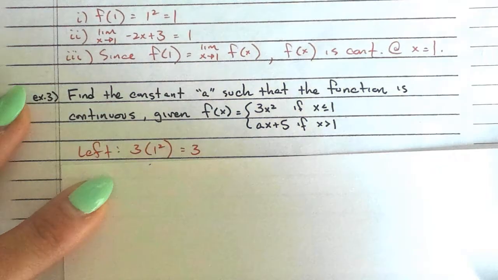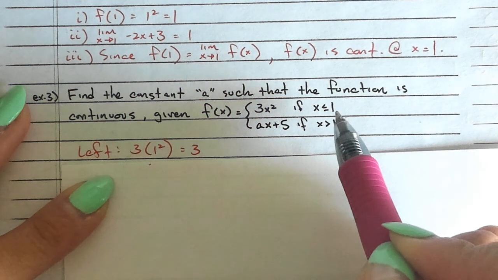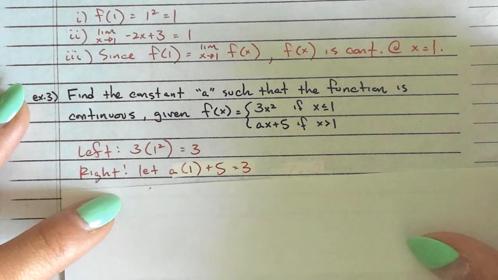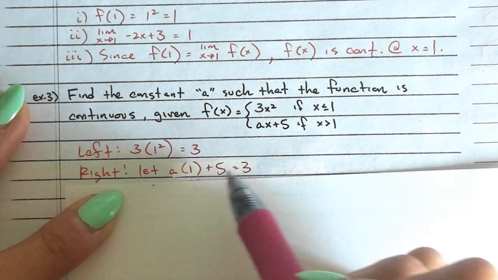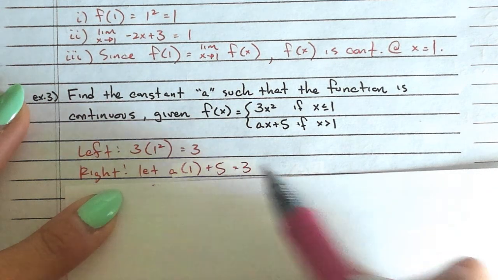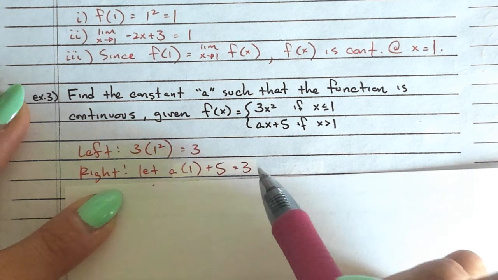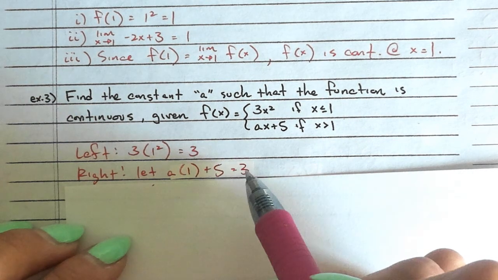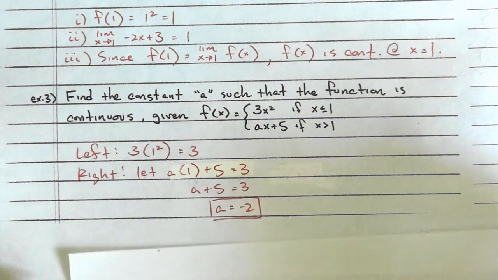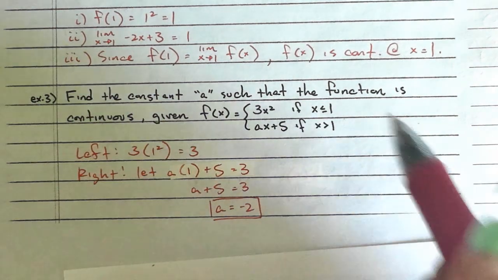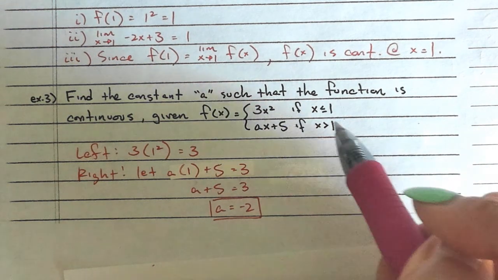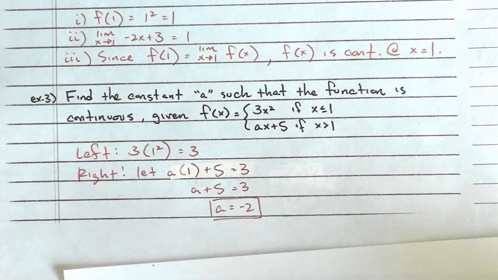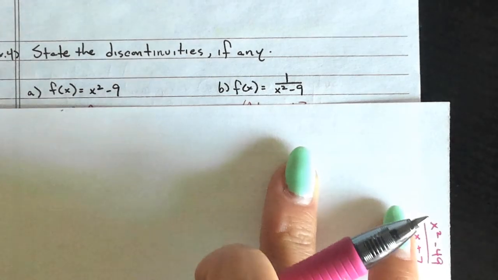So the left limit, if I plug in 1, is 3. The right limit, if I plug in 1, I want it to be 3, so I set it equal to 3, and then I solve for a. There you go. So plug in 1, solve. That's it. Okay?